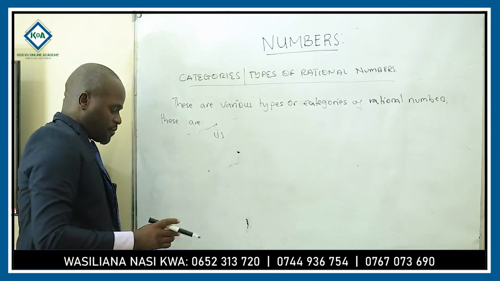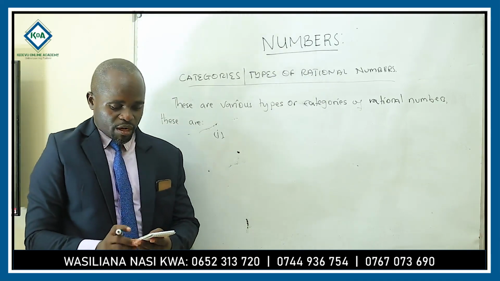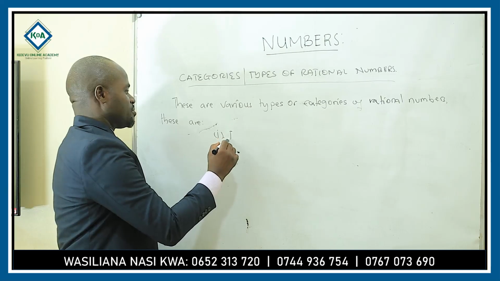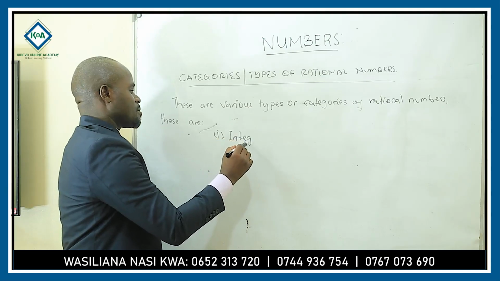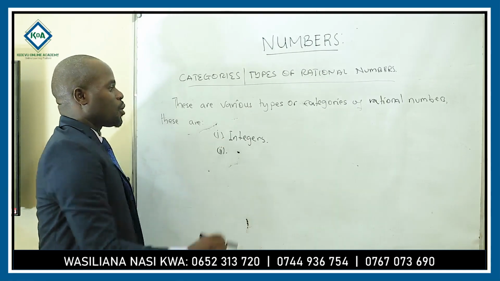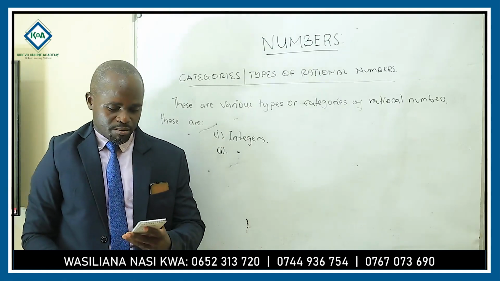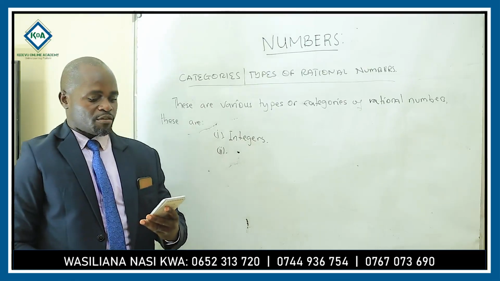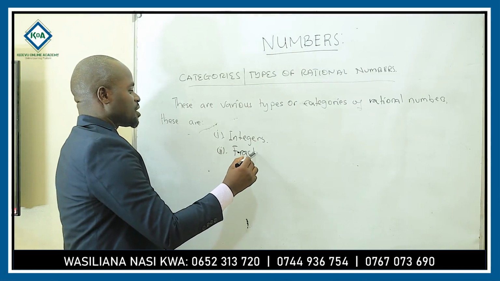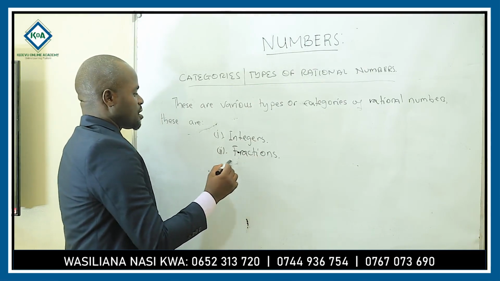yes, the first group is integers. All integers are rational numbers. The second group is fractions. All numbers which are fractions are rational numbers.